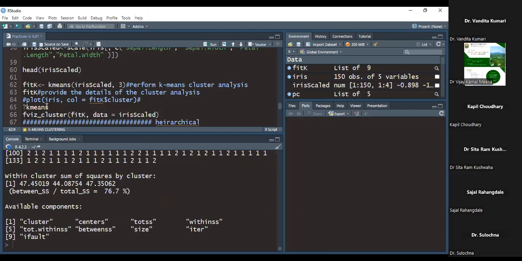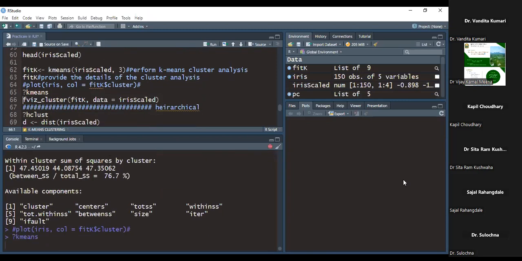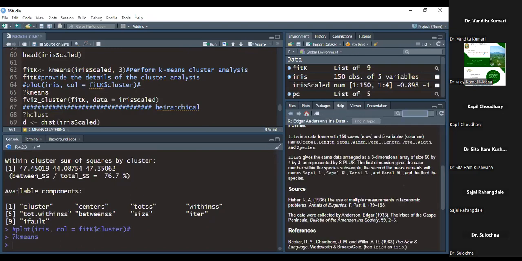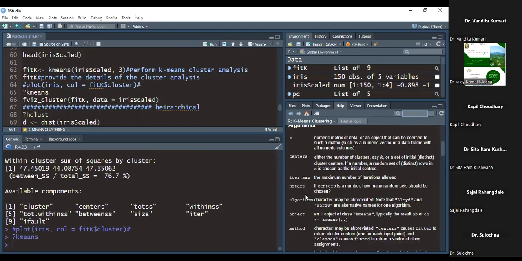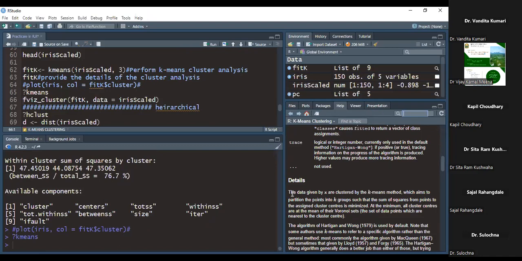Okay, so what is k-means? If you would like to know more about it, we'll put a question mark and kmeans. So let's run this. We'll get more explanation about k-means clustering. So the details have been given. The data given by X are clustered by k-means clustering, which aims to partition the points into k groups.